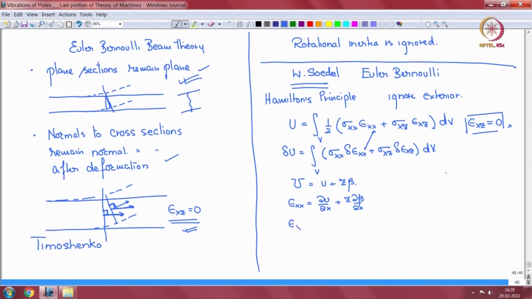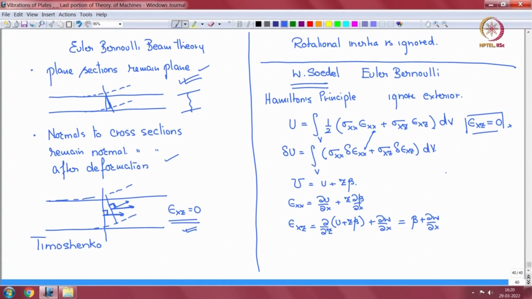And epsilon xz is given by del by del z of u plus z beta plus del w by del x, okay, which is equal to beta plus del w by del x.